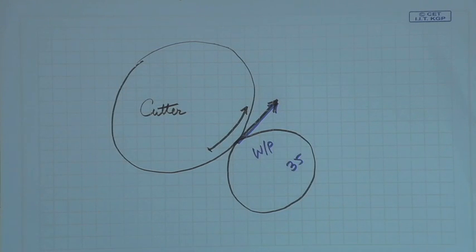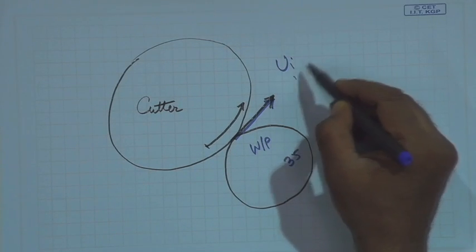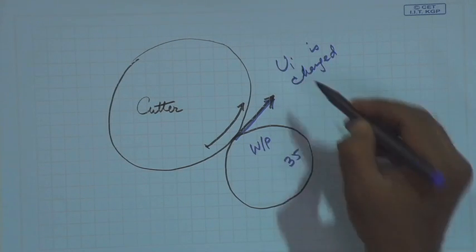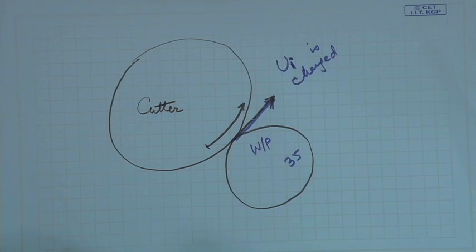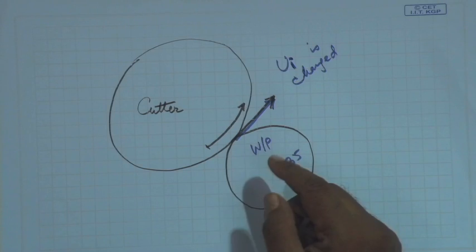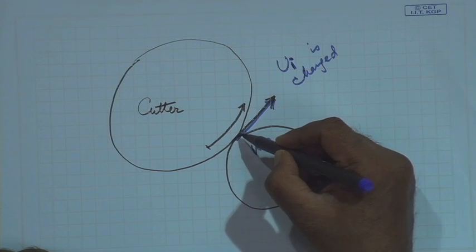Now, I make it 70 teeth, I am making the setting for 70 teeth, which shows me from the figure that UI is to be changed. If UI is changed, that will give rise to a different RPM of the workpiece, and therefore, it appears that the cutting speed should be changing. This peripheral velocity should be changing.